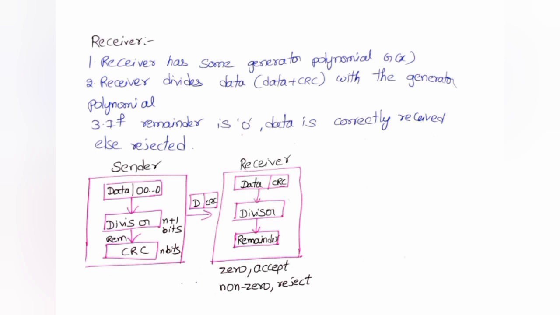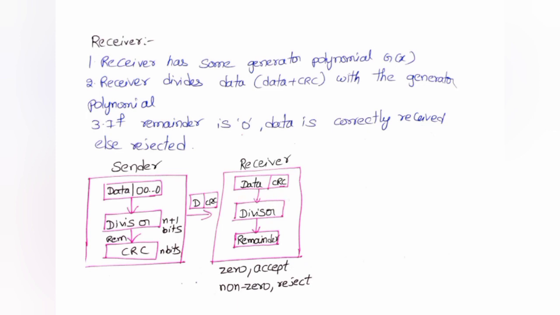At the receiver side, the receiver has the same generator polynomial g(x). The receiver divides the data plus CRC with the generator polynomial, and if the remainder is 0, the data is correctly received, else it is rejected. So the sender will transfer the data and perform the XOR operation with the divisor, and the remainder will be added to the given data as the redundant bits and transferred to the receiver.